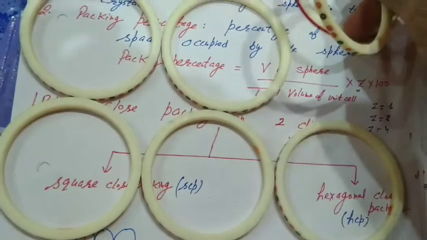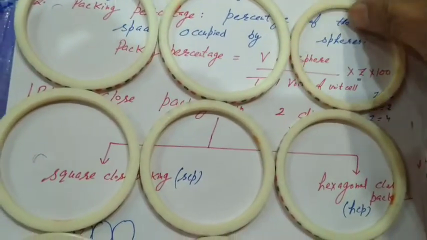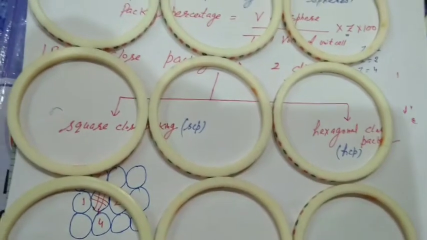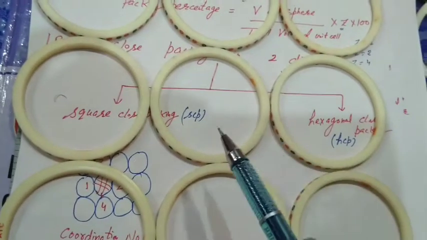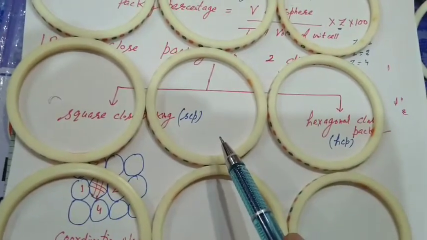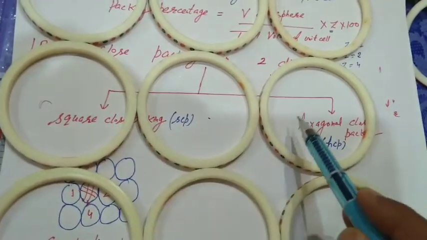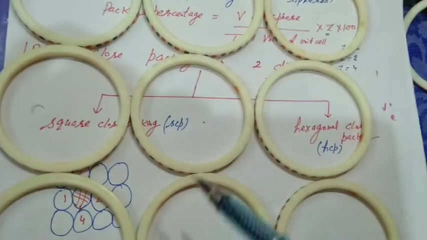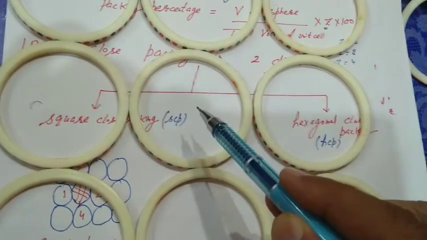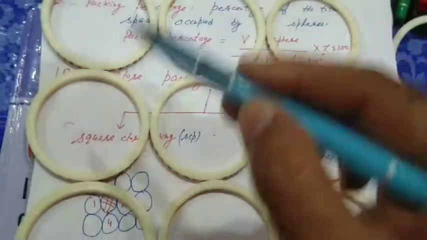When rows are stacked with each other, a 2-dimensional close packed structure is formed. Now student, it is clear how many spheres are surrounding this sphere. 1 on right, 1 on left, 1 on upper row and 1 on lower row. That is, coordination number is 4. It is called square close packing.